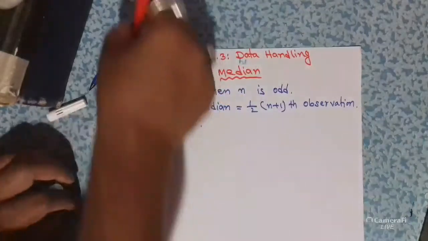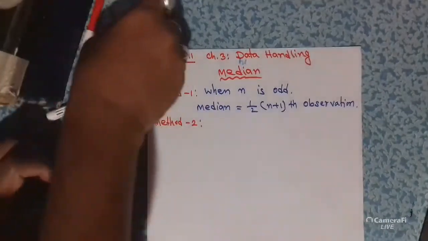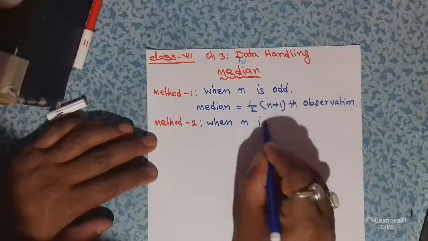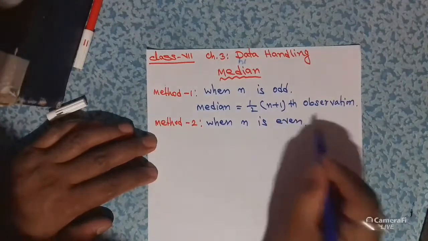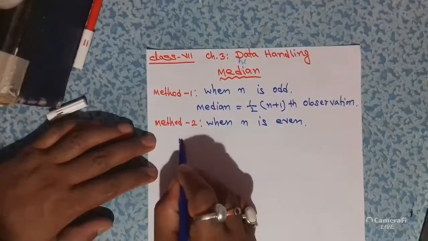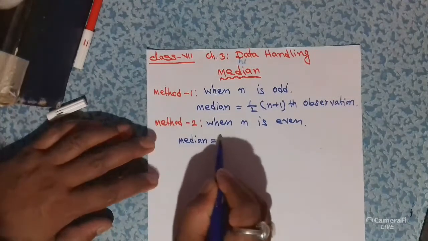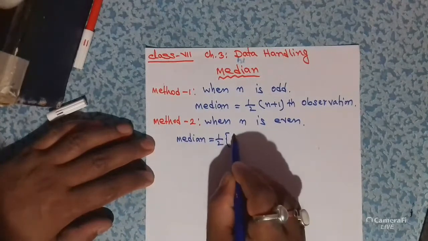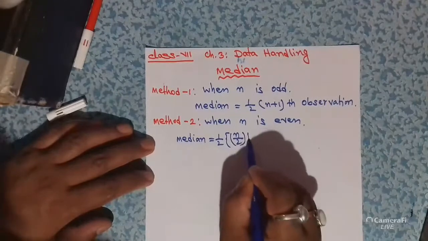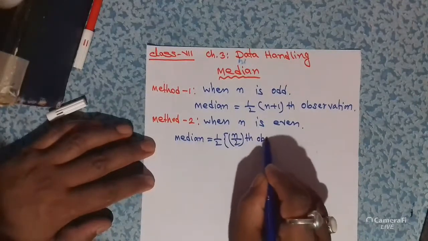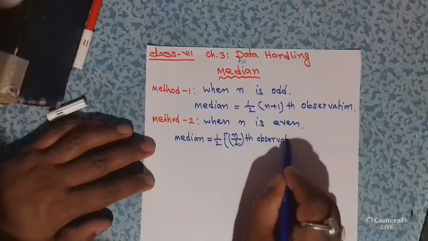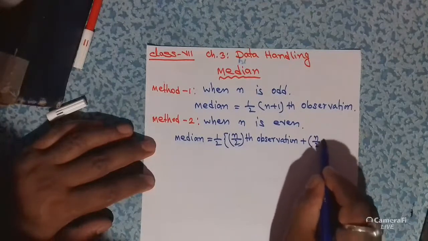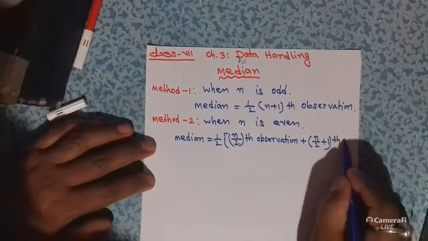Method 2: when n is even, then median equals half of the n by 2 th observation plus the (n by 2 plus 1) th observation.